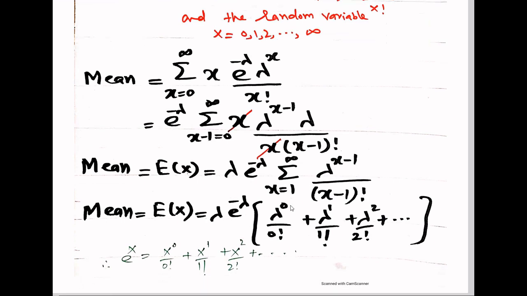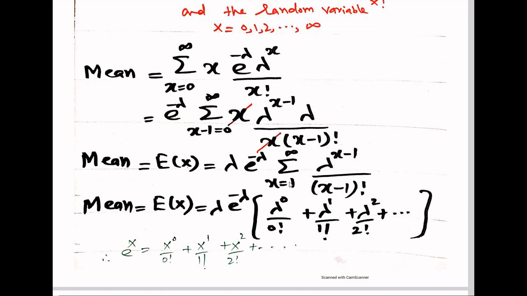Now expand this summation sign. Put the values of x: 1 minus 1 is 0, so lambda power 0 over 0 factorial, plus 2 minus 1, lambda power 1 over 1 factorial, plus 3 minus 1, lambda square over 2 factorial, plus so on.